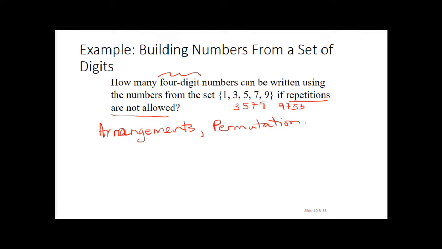Okay. So in this case, though, we're making a 4-digit number out of 5 digits, so we're not using all of them, and that's the distinction. So if we were making a 5-digit number out of these 5 digits, we could just say 5 factorial, but we're making a 4-digit number. So in that case, we're talking about the number of permutations of 5 digits taken 4 at a time, 5p4.